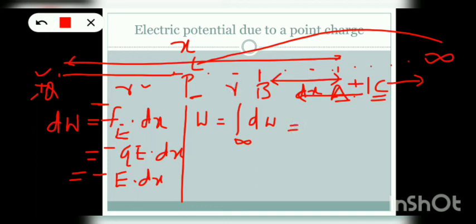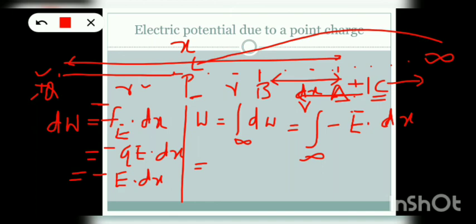Now substitute for dW. What is dW? Integral from infinity to R, dW is minus E dot dx. Now what is E? What is the expression for electric field? The expression for electric field is 1 by 4 pi epsilon naught Q by, it's not R. Why?